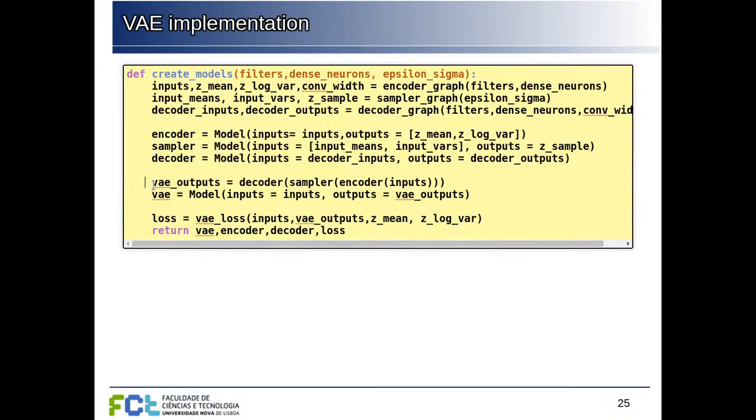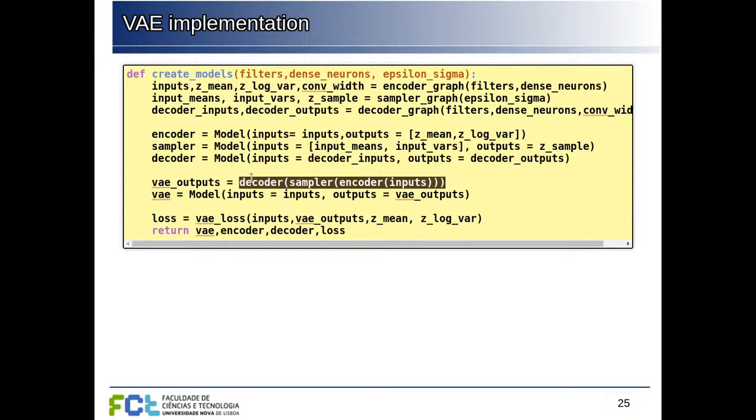We can create the output tensor for the variational autoencoder by applying the encoder model to the inputs, then applying the sampler to the output of the encoder model, and then applying the decoder to the output of the sampler.